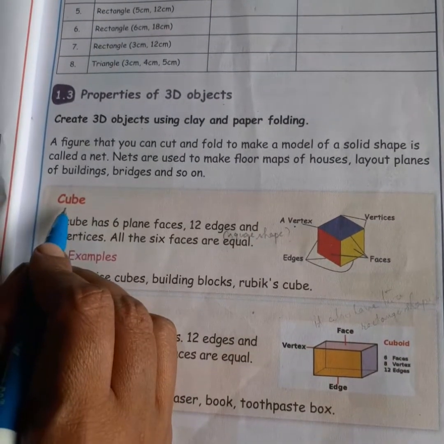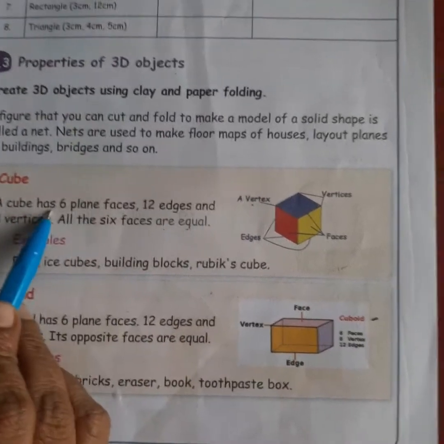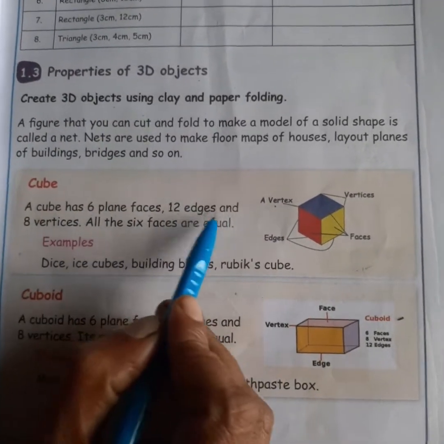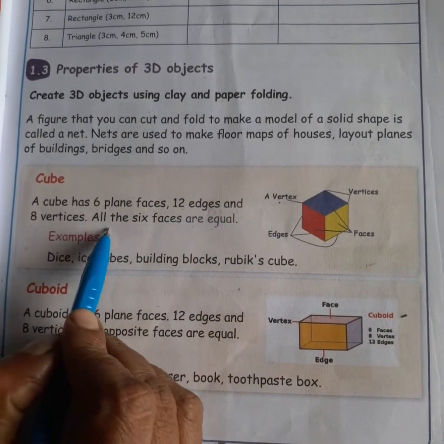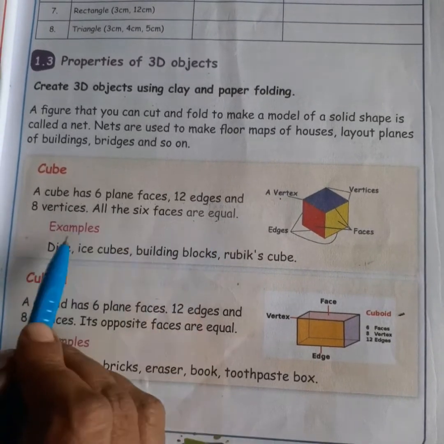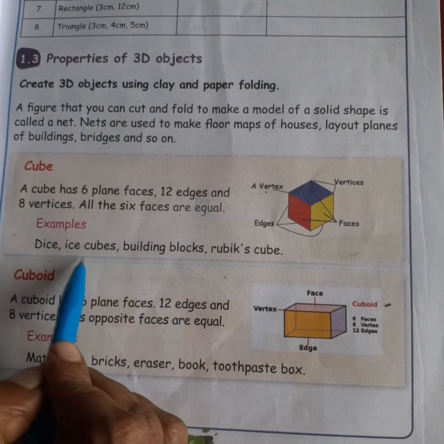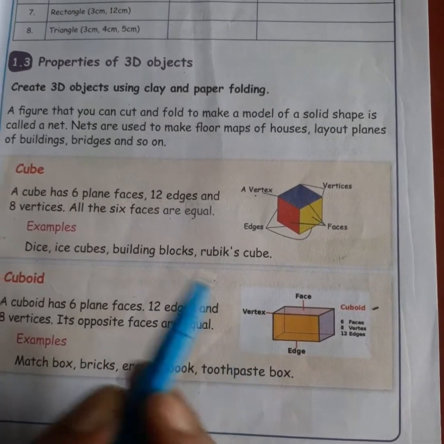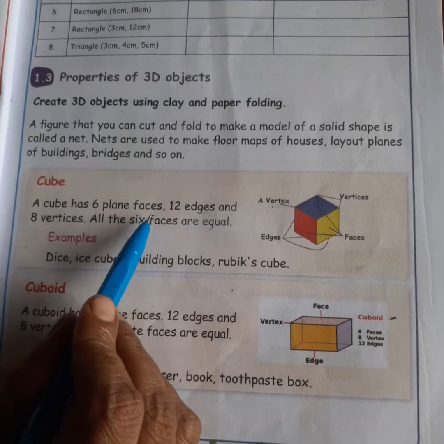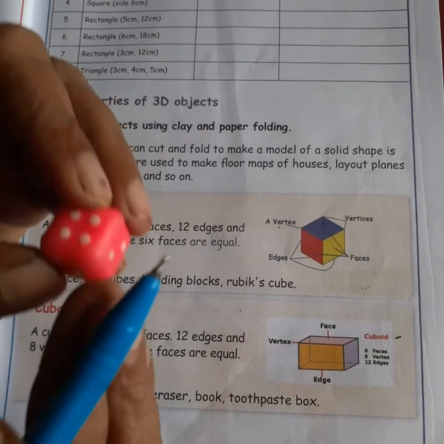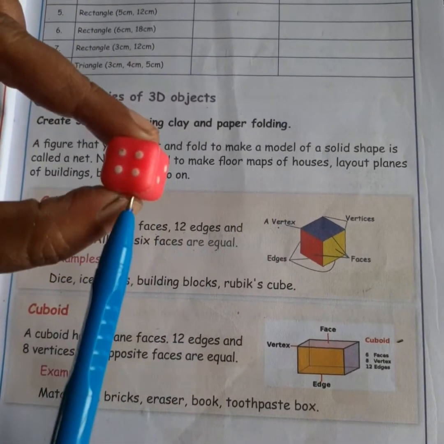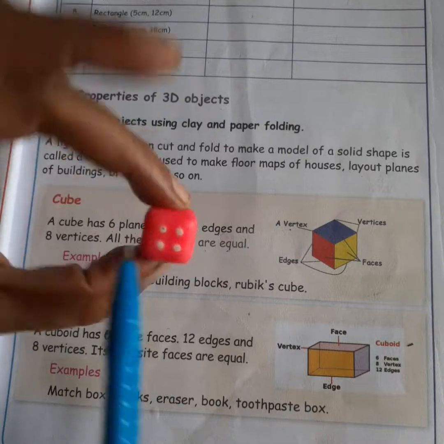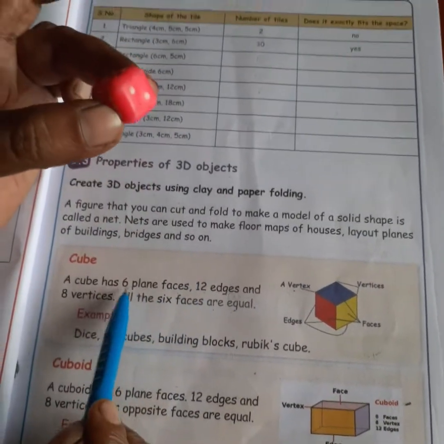So first one is cube. A cube has 6 plane faces, 12 edges and 8 vertices. All the 6 faces are equal. Example, dice, ice cubes, building blocks, Rubik's cubes. Here, how many faces are there? 6. So listen. 1, 2, 3, 4, 5, 6. 6 plane faces.